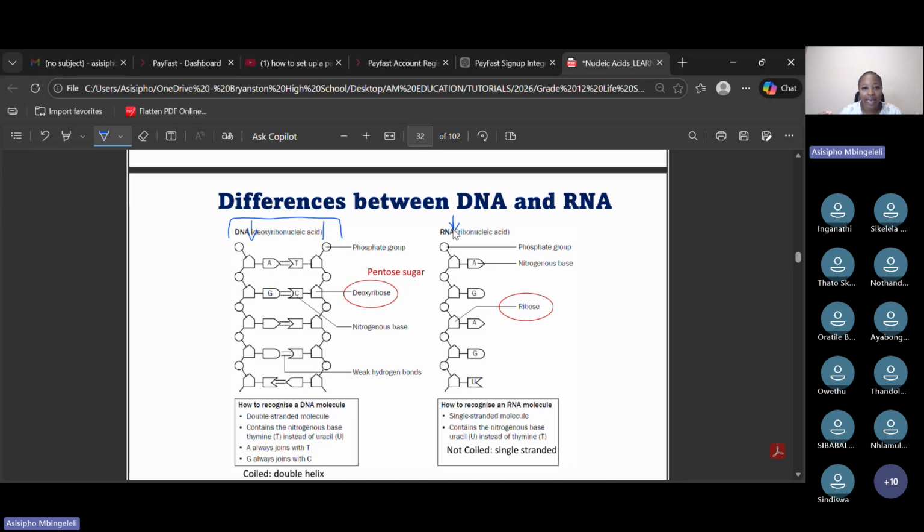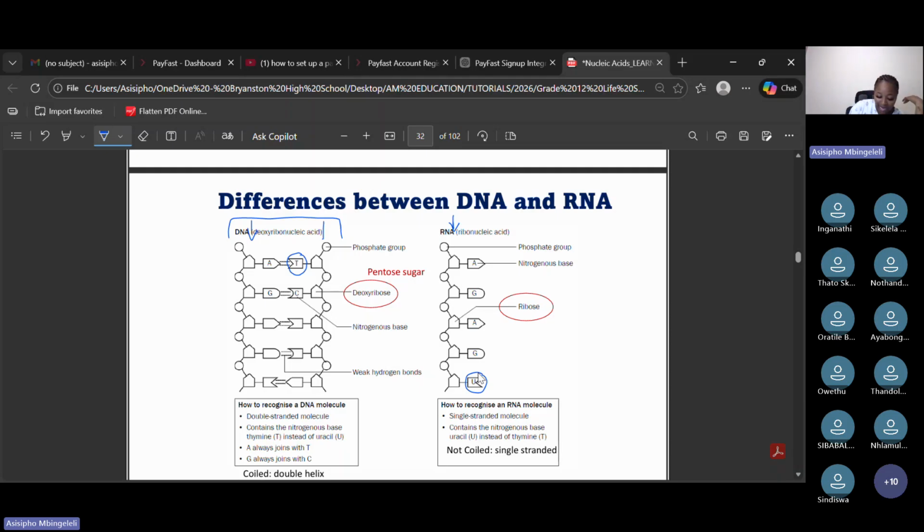We've compared the first characteristic. We can also look at something else. We can look at the bases. Now, in DNA and RNA, we have bases A, C, and G. They are similar, right? The only difference is T and U. So DNA will contain base T, which is thymine, and RNA will contain base U. That's the second difference. Another difference that we can speak about is the pairing of bases.